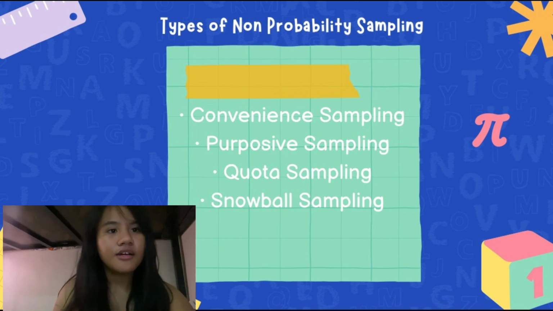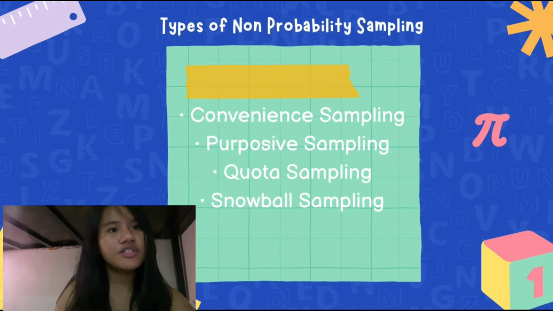Convenience sampling. Researchers select participants based on their accessibility and ease of recruitment. Purposive sampling. Researchers handpick participants who they believe are most knowledgeable or relevant to the research topic. Quota sampling. The population is divided into subgroups and researchers set quotas for each subgroup to ensure representation.